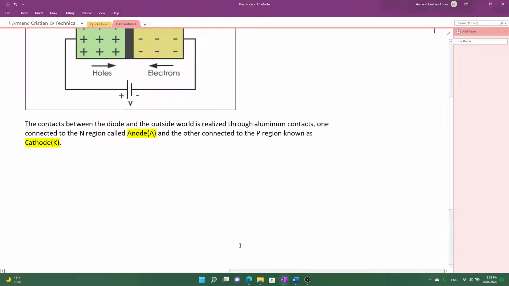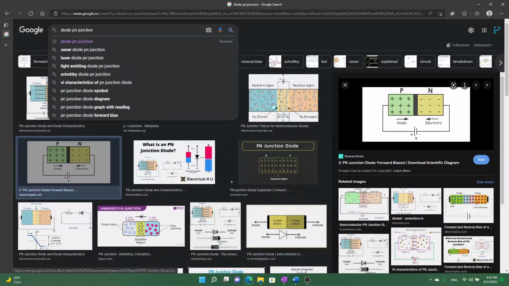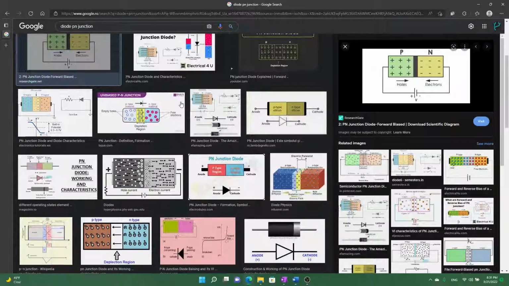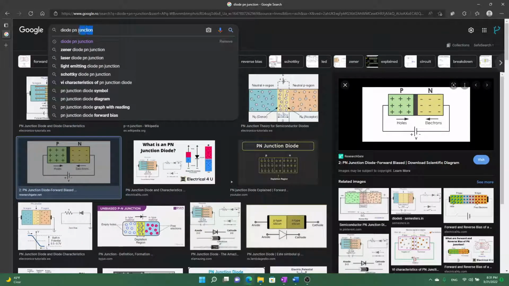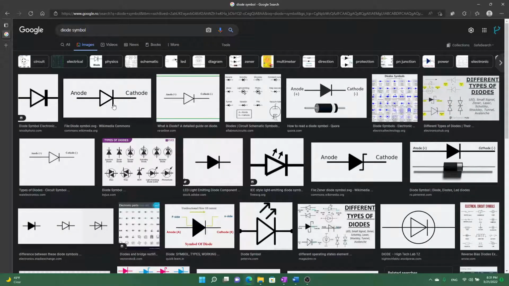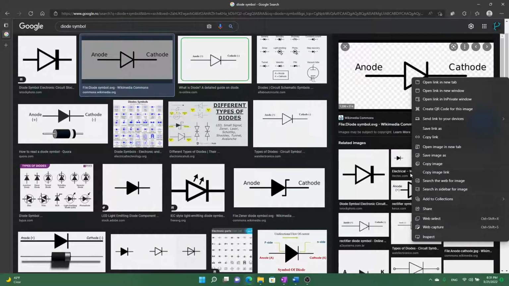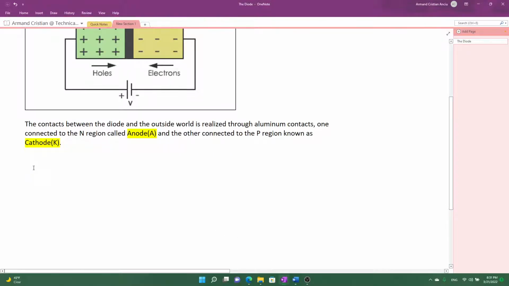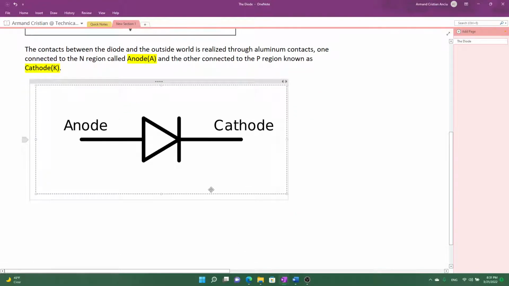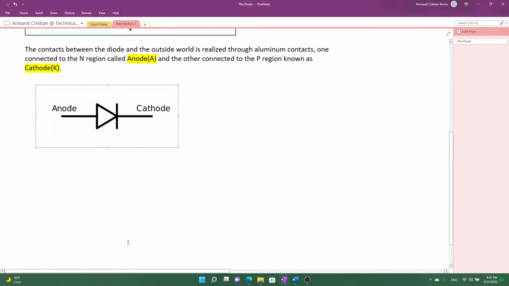The general symbol for the diode, I can draw it or I can just search for it here. If I quickly do a search, this is perfect. You'll see that it looks a little something like this. To the left we have the anode and to the right we have the cathode.